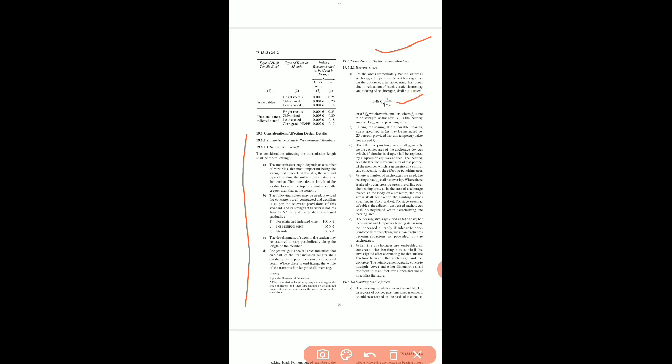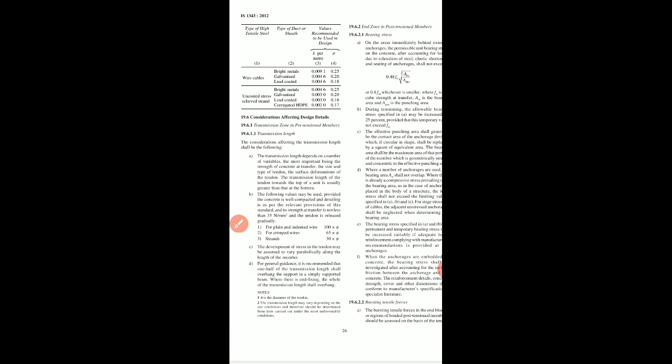All formulas are given here. We just have to remember where to use each particular formula. Now, clause number 19.6, considerations affecting design details: transmission zone in pre-tension members.